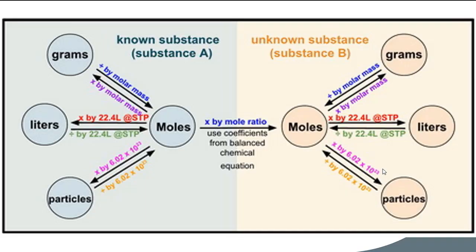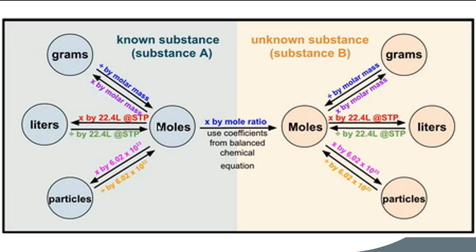Okay? So here's another handy flow chart that will help us in terms of doing these types of mole-to-mole factors. I have a version of this also on Canvas that you'll be able to use on your exam as well.